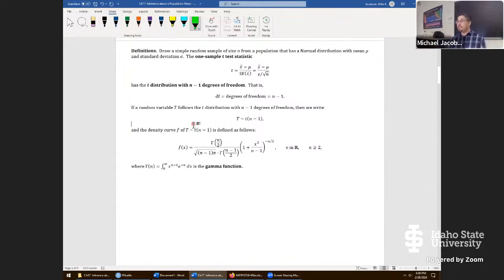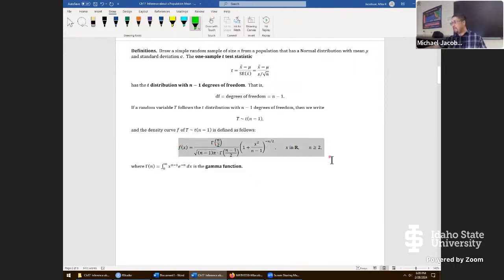Just like with the normal distribution, it was a pretty complicated curve involving an exponential function and another composition. This one is massively worse. If you actually want to calculate a t distribution by hand, here's the formula. Some folks might recognize this from differential equations or probability theory. That's the gamma function. That's just one portion of the formula. The gamma function itself is an improper integral defined in this way, involving the sample size n and such.